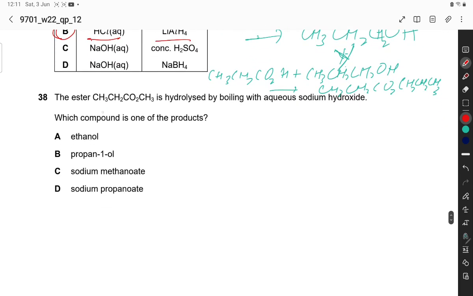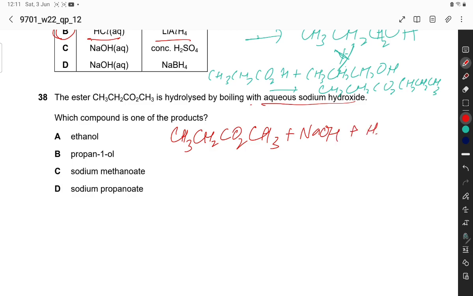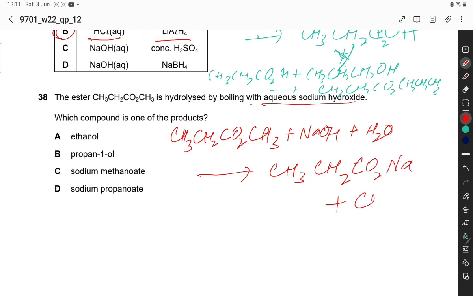Question number 38. An ester is hydrolyzed by boiling with aqueous sodium hydroxide. CH3CH2CO2CH3 plus sodium hydroxide plus water forms CH3CH2CO2Na plus methanol.